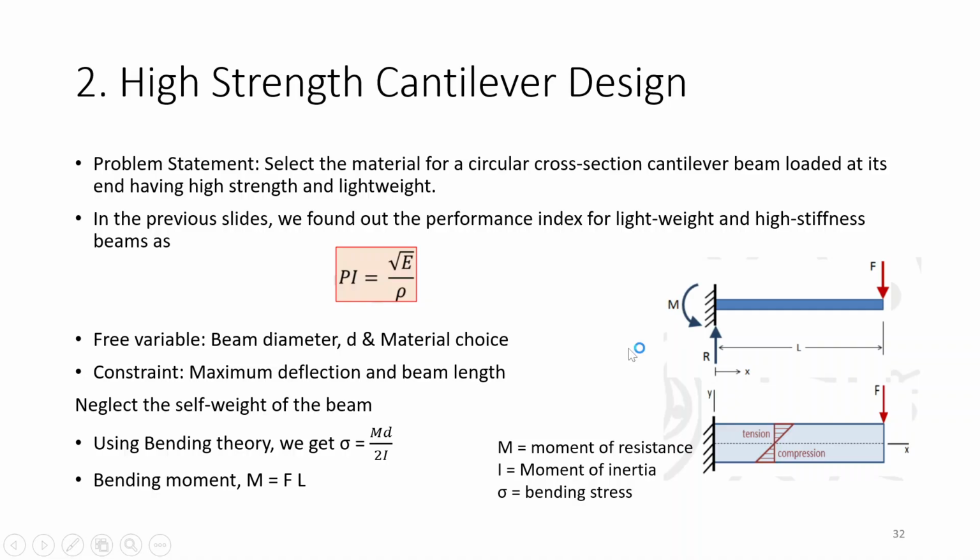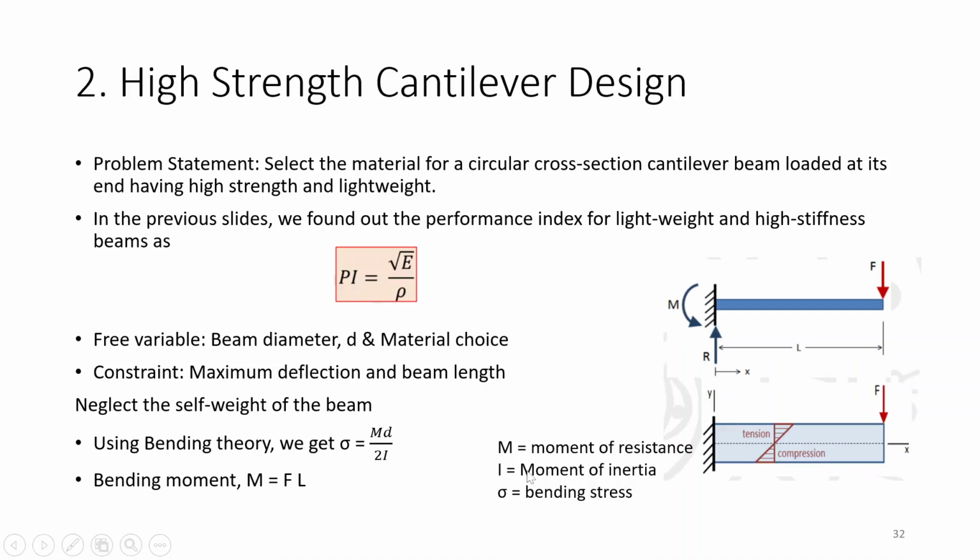In the second case study we are studying high strength cantilever design, you have to select material for a circular cross section cantilever beam which is loaded at its end, having high strength and light weight. In the previous study we found the performance index was under root E upon rho. In this case, from bending theory, you have sigma equals M d upon 2I.